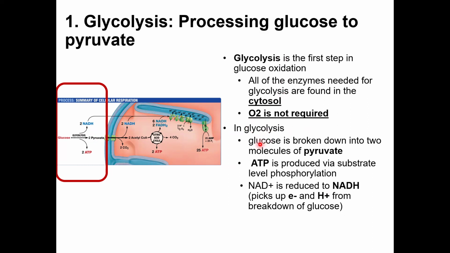In glycolysis, glucose is broken down into 2 pyruvate molecules, where ATP is produced through a process called substrate level phosphorylation. And NAD plus is reduced to NADH, and it forms 2 ATP molecules and 2 pyruvate molecules.